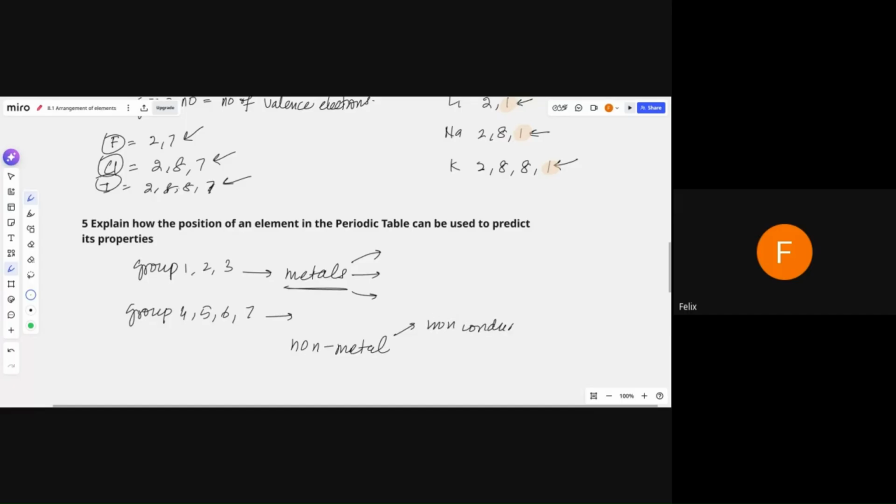So you just need to figure out whether the element is a metal or a non-metal by identifying its group number. They will have low melting and boiling points, and low density. So these are all the properties.